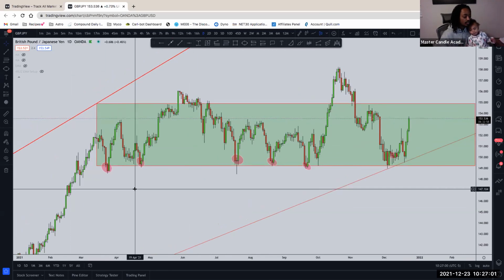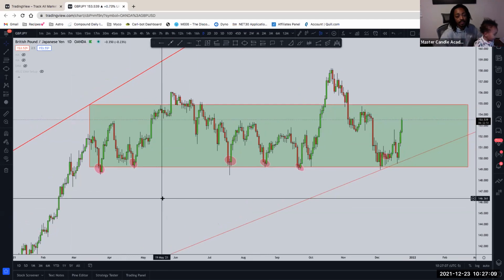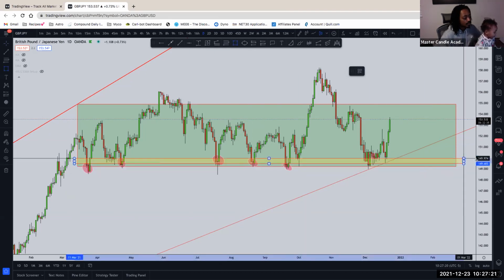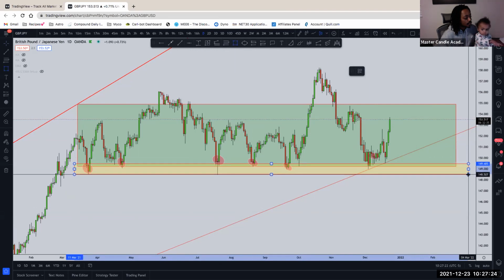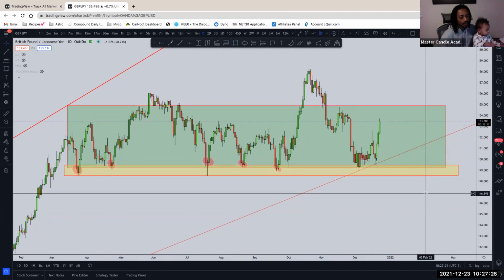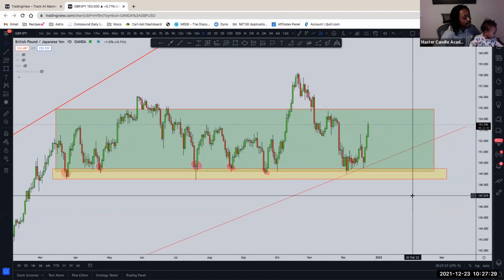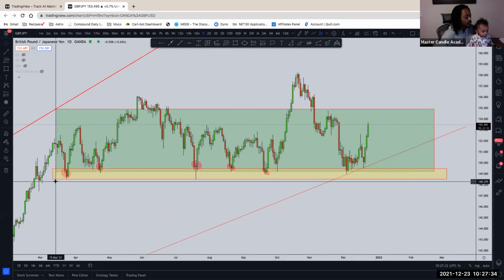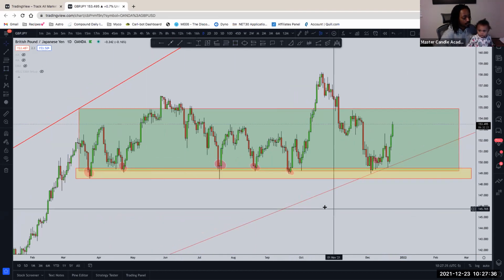I want you guys to get used to boxing up these order blocks, dojis, morning stars, evening stars, because by doing so, what you are also doing is creating a zone for yourself. The very first time you see a doji, box it up.